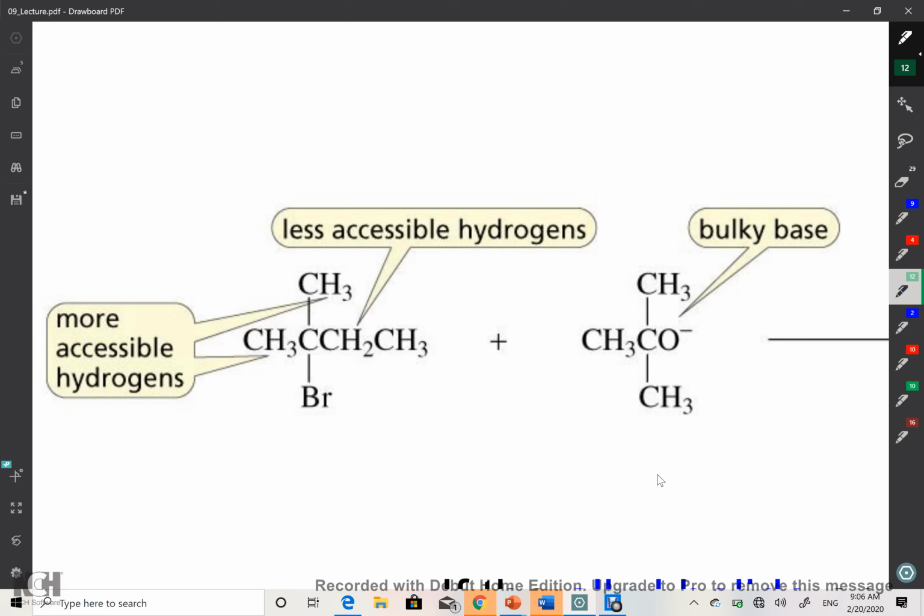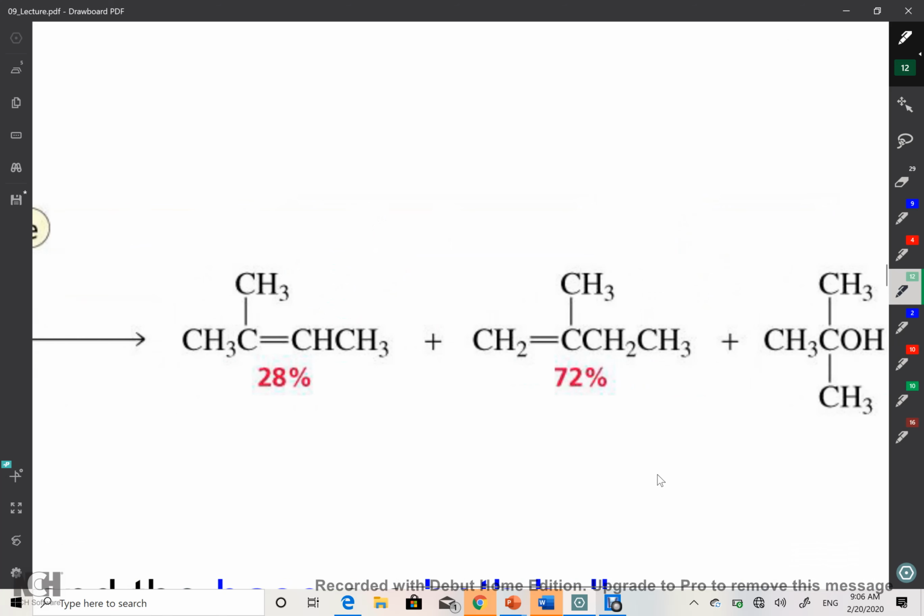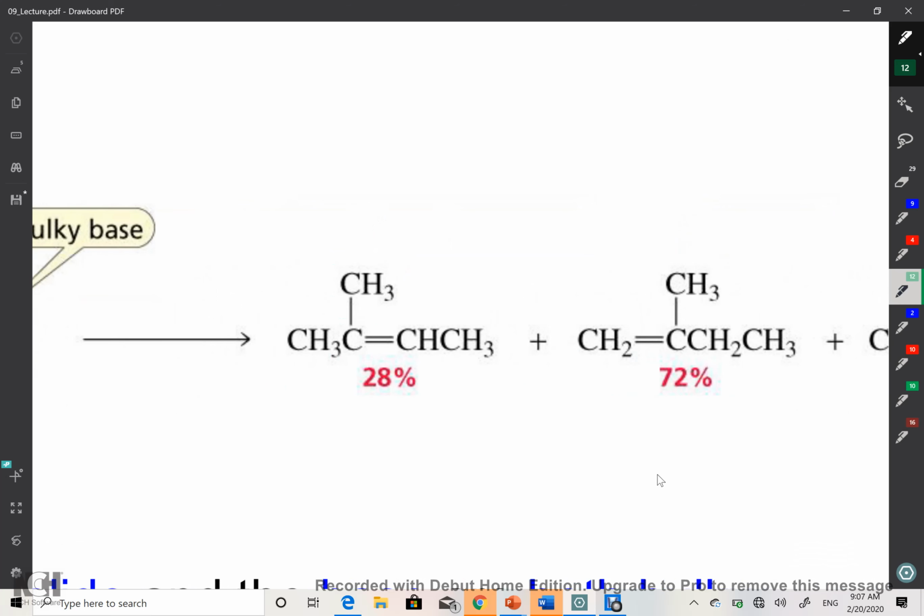Those who will be watching the video will not even know what I'm talking about. It will be hard for the bulky base to access this hydrogen, because the hydrogen is kind of hindered. And so the bulky base will go for the one that is easily accessible. It will attack either this one or that one, and by attacking those, it will not lead to the kind of product we expect. Because these are the two products.